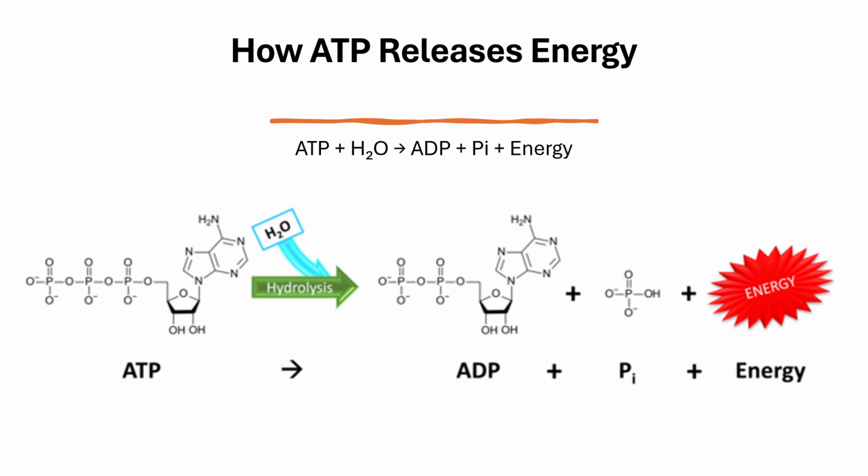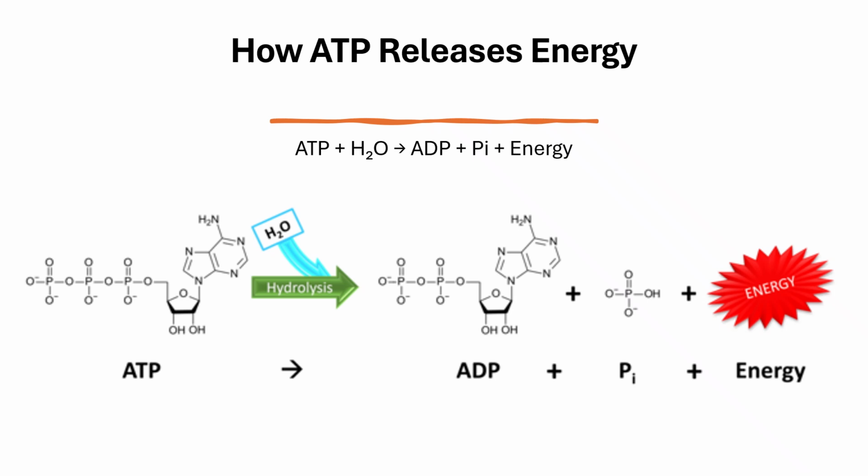When ATP loses its terminal phosphate group through hydrolysis, it becomes ADP, adenosine diphosphate, plus an inorganic phosphate, or Pi. This reaction releases energy that cells harness to power endergonic reactions, like synthesizing macromolecules.